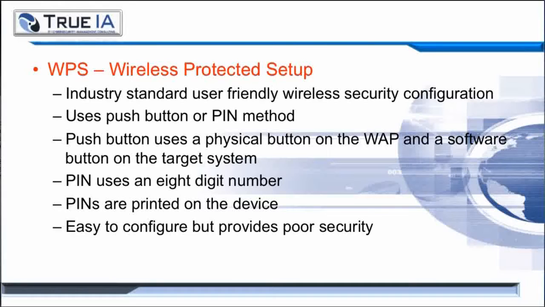Additionally, you have the option of using the PIN method. It's an 8-digit number that you'll use for wireless authentication. However, the issue is that 8-digit number is usually printed on the device itself. So that in itself causes ease. Ease, for purposes of this discussion, equals very poor security.